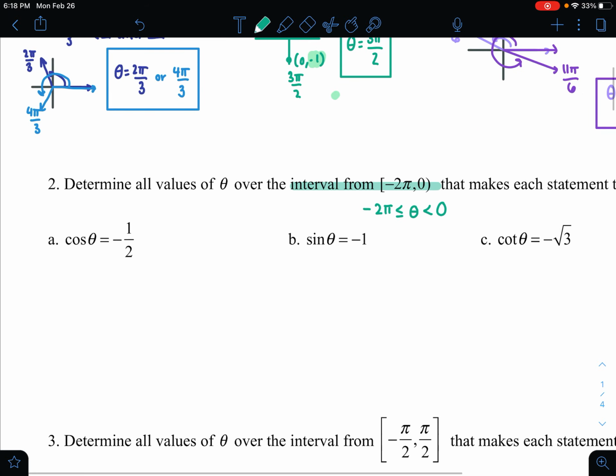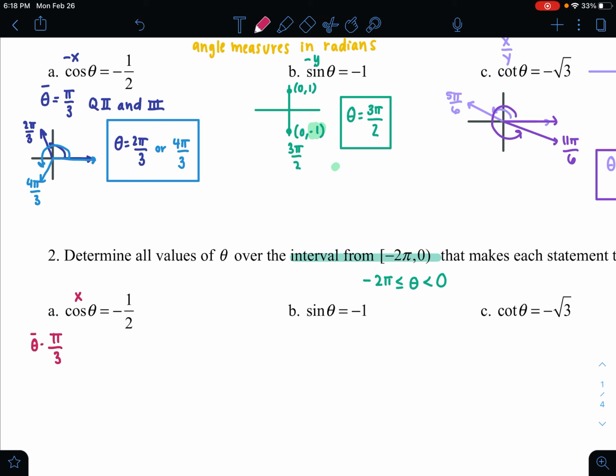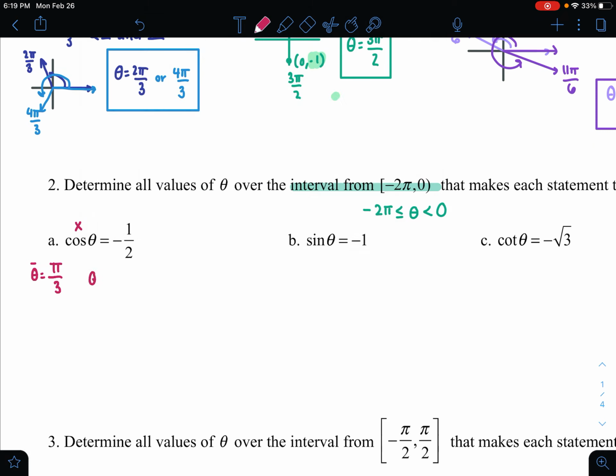And our reference angle, same thing as above, is pi over 3, and we normally have negative cosines in quadrants 2 and 3. But now, looking back, it's a different interval. We're saying from -2 pi to 0.